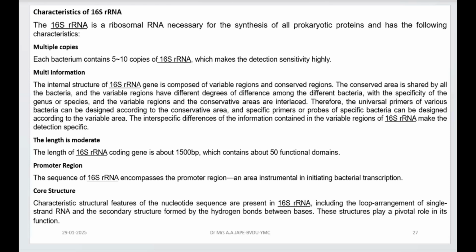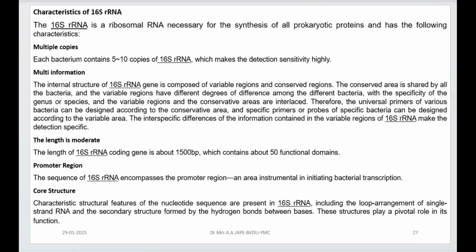Now here is the point: characteristics of 16S rRNA. It is a ribosomal RNA necessary for synthesis of all prokaryotic proteins. We know that each bacterium contains 5 to 10 copies of this particular molecule. It is a multi-information system, composed of variable regions and conserved regions. The length of the moderate 16S rRNA is about 1500 bases, which contains about 50 functional units or domains.